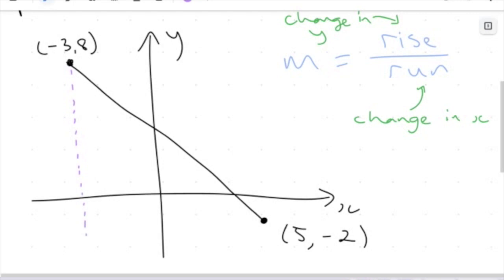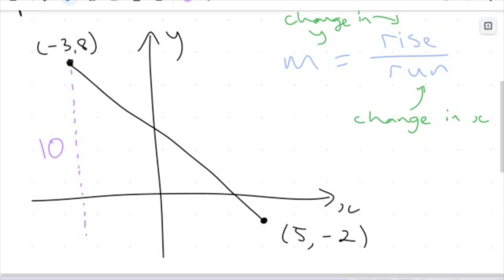So going from 8 all the way down to -2, how many units have we gone down? Well, we've gone down 8 getting from 8 to 0, and then another 2 getting down to -2. So our rise is going to be 10.